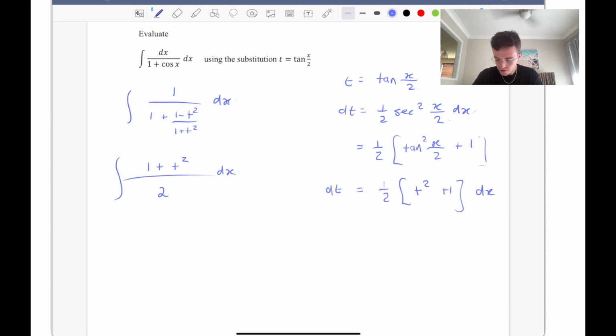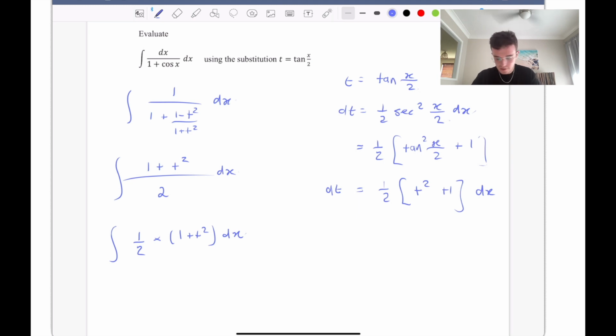So what we're going to try and do with this integral is replace this and this with dt. And in fact we're almost there, because we can say this is the integral of 1 half times 1 plus t squared times dx.